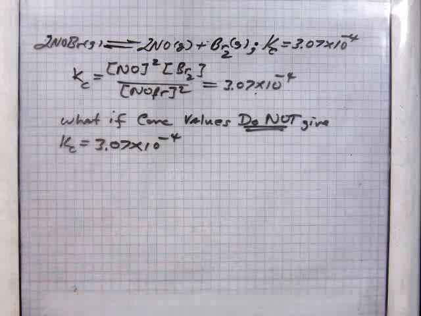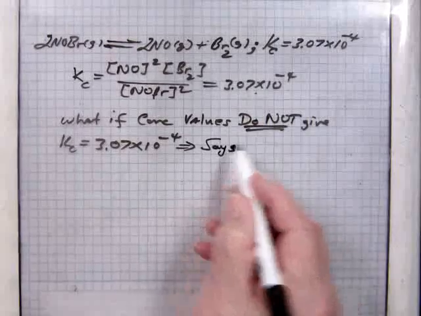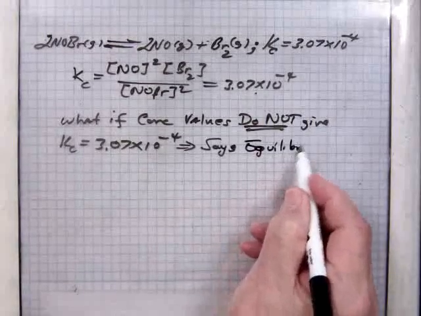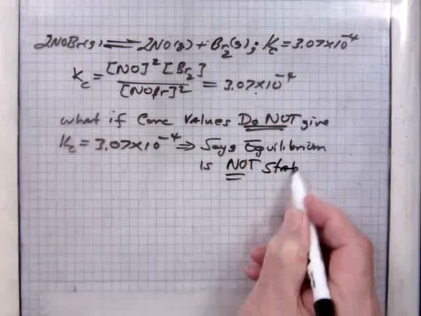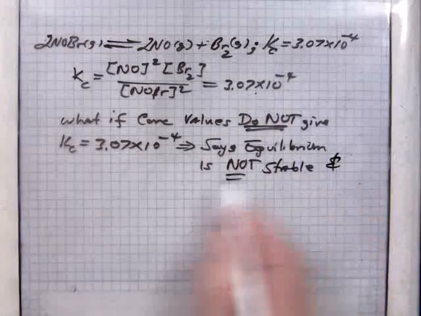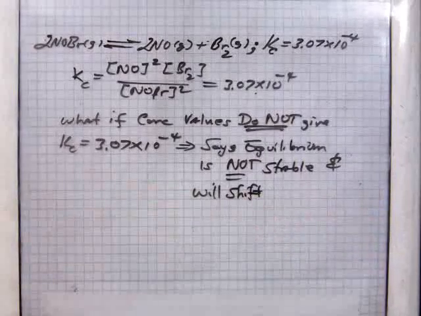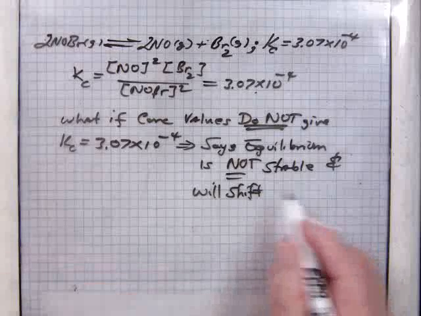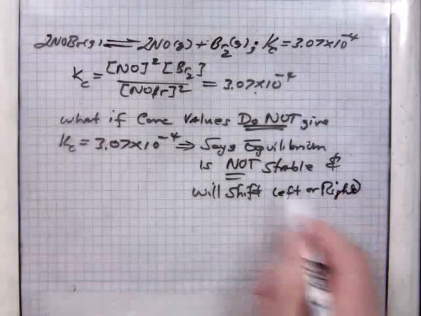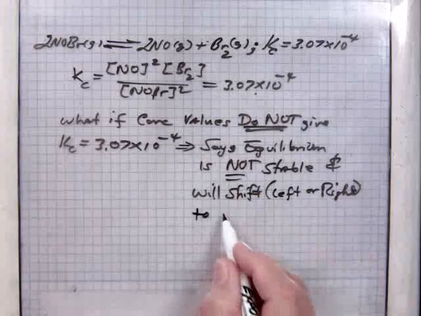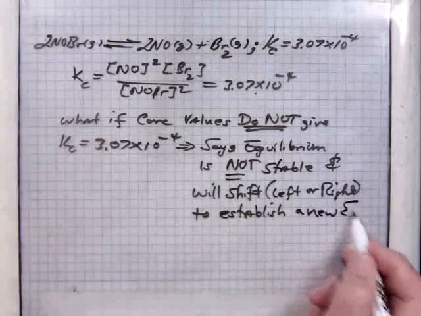It says that the equilibrium is not stable, and will shift, left or right, depending on considerations, to establish a new equilibrium.